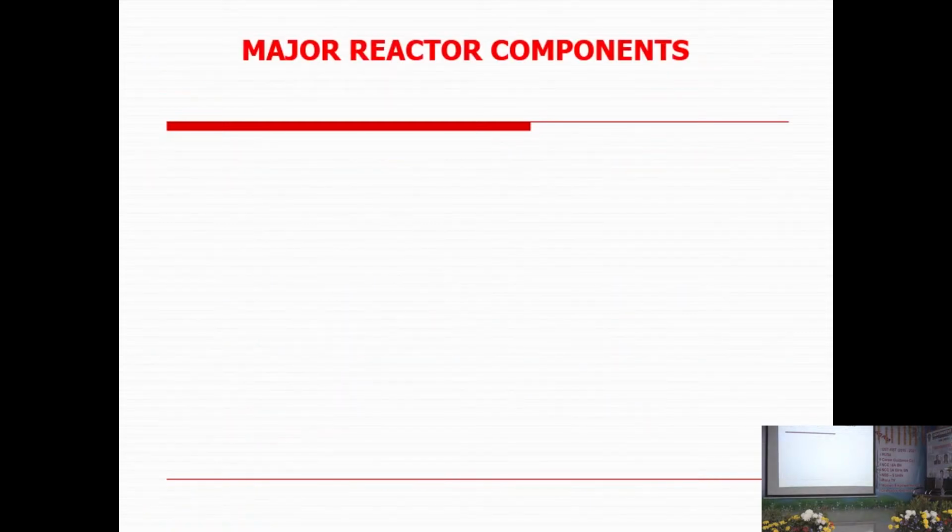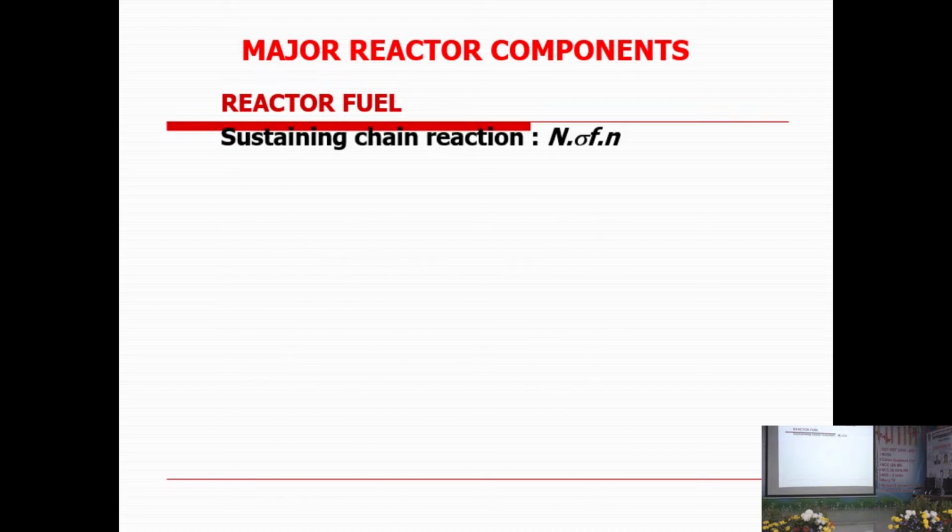Okay, the major reactor components. Once we have the chain reaction, we have to see the different components in the reactor. The first is the nuclear fuel. To sustain the chain reaction, we need to know how many fissile atoms there are, the cross section for fission, and how many neutrons are available to sustain the chain reaction.